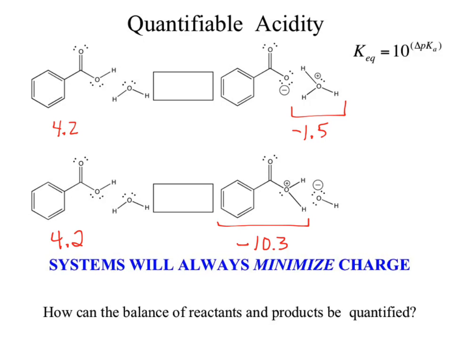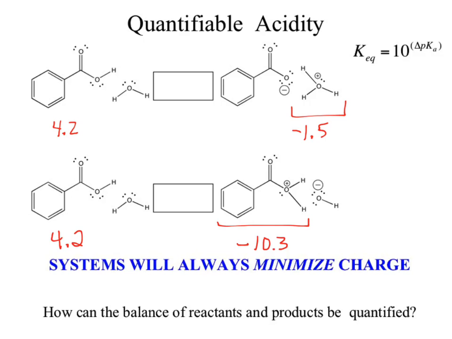Well, the negative log of a large number is a small number. So the smaller the number, the more active that acid. Well, everything tries to minimize charge. If I go through here, 4.2 to negative 1.5, is that a favorable reaction? No. It's going to a more active species. So that's not a favorable reaction.